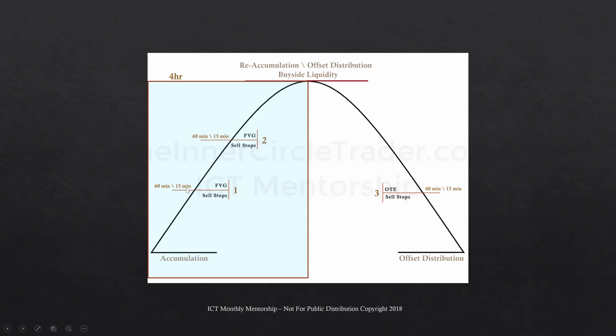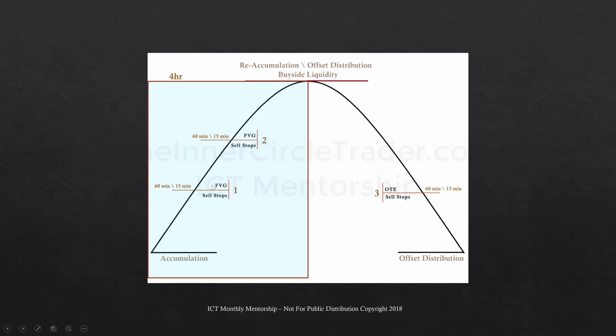If we're down here, say on a Tuesday, same model that we mentioned earlier, we can anticipate a run up into this area here for Wednesday, and then Wednesday we anticipate a run up into Thursday, creating the high, generally Thursday New York open, and then the reversal going into the week.